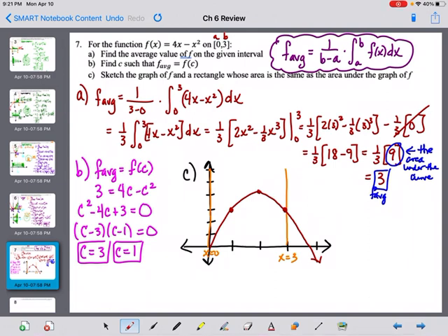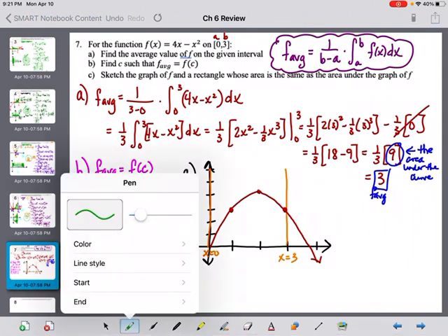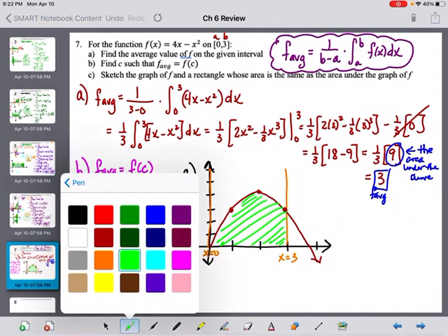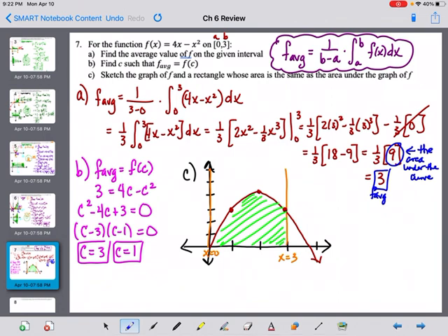Okay, so this idea that the area under my curve from x equals 0 to x equals 3, we can shade that in with a light green here. That this area right here, which we know is 9 because we already calculated that, has to be the same as the rectangle that is created by a height of f average, which is right here at 3, and a base along the x-axis from 0 to 3.